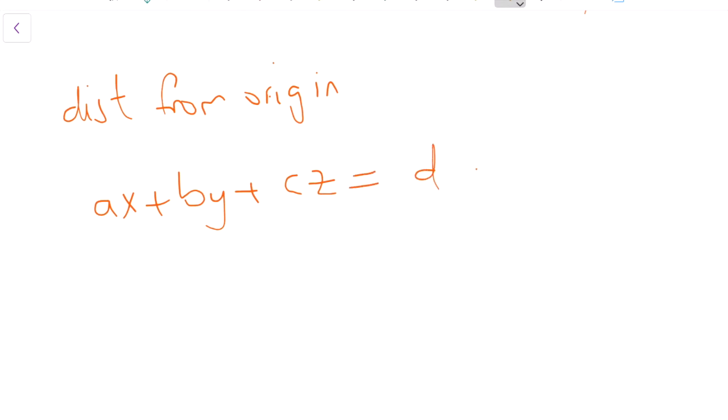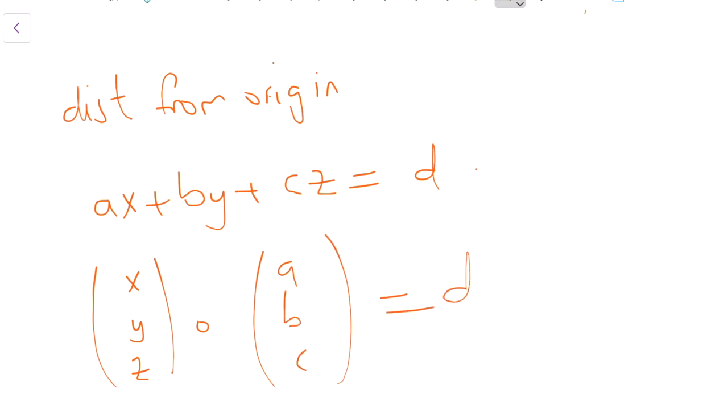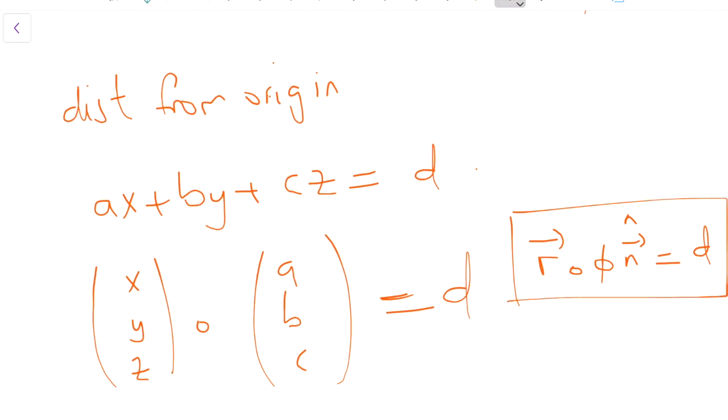Well, you can break this into x, y, z, dotted with a, b, and c, and this equals d, right? So this brings us back to the equation R dotted with phi n, where n is a unit vector, equals d. And R is any point on the plane, the position vector of any point on the plane.